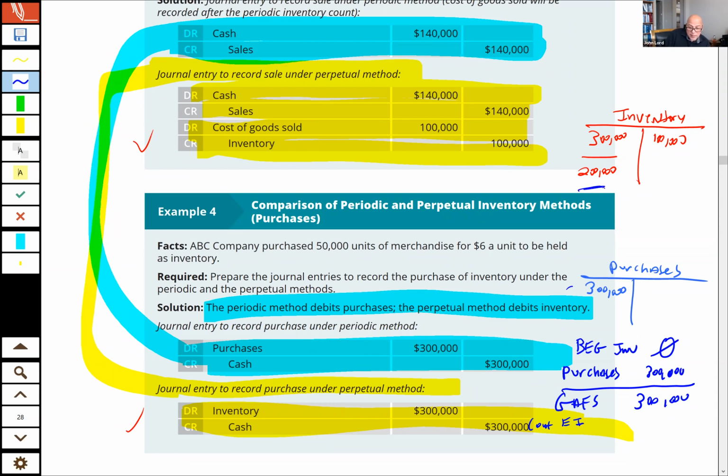But I'm going to peek up at perpetual, and the count should reveal that my physical inventory is actually 200,000. So I would use this approach to figure out my cost of goods sold, which is 100,000. And you're saying, well, John, I know the cost of goods sold, 100,000, was right there. Yeah, if I had perpetual records, but if I don't, and I'm using the periodic, that's how I would calculate my cost of goods sold.